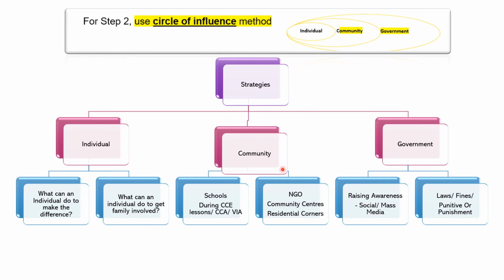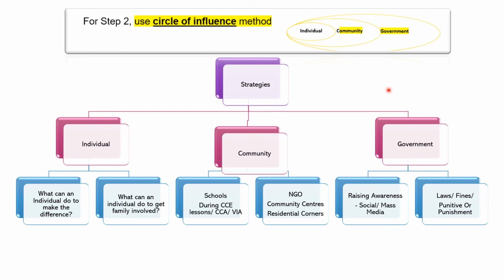Now, most of the time, a lot of students would always do the community aspect. Okay, when the question asks for strategy, you can use experiences from school, from CCA, from your Values in Action program, your VIA. Community also means, what can the NGO, the non-government organization, what can the community centers or residential areas or corners actually do to solve the problem?